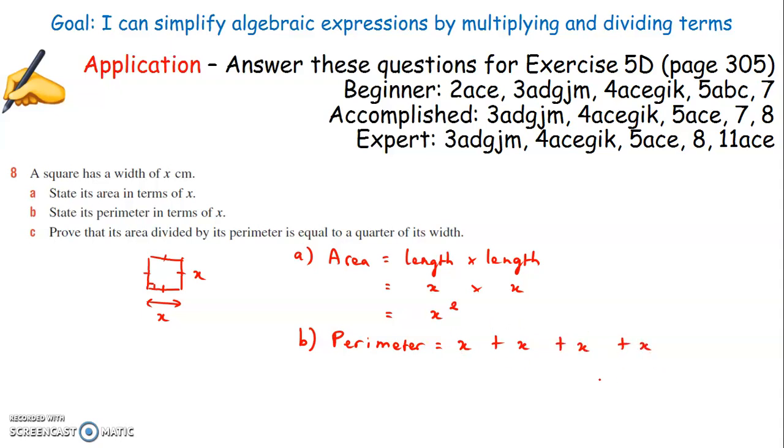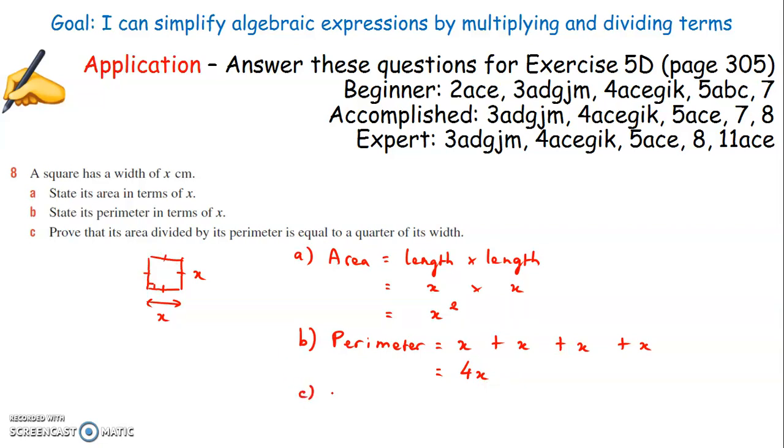We have four sides and we're just adding them all together. So x plus x plus x plus x gives us 4x. 1x plus 1x plus 1x plus 1x is 4x. And that makes sense, right? That is 4 times the length for a square, that's 4 times x.